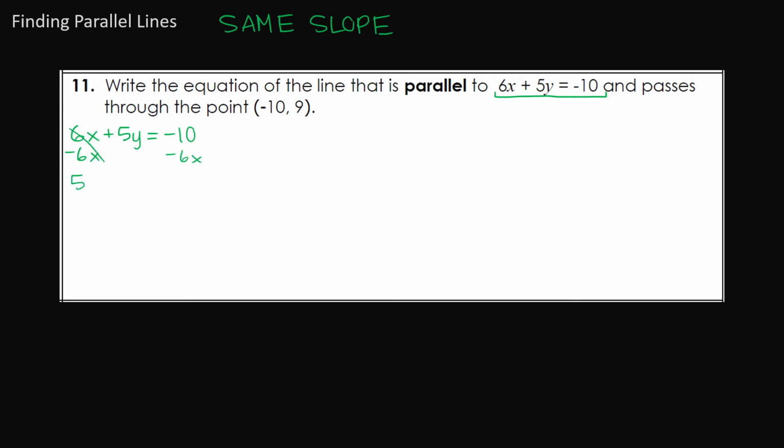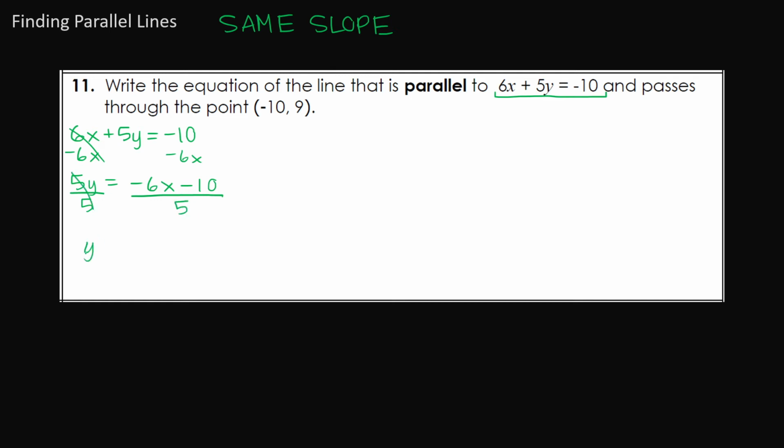And I'm left with 5y is equal to negative 6x minus 10. And now to get y by itself, I'm going to divide everything by 5. That includes dividing 5y by 5 and this entire expression on the right side of my equation by 5.